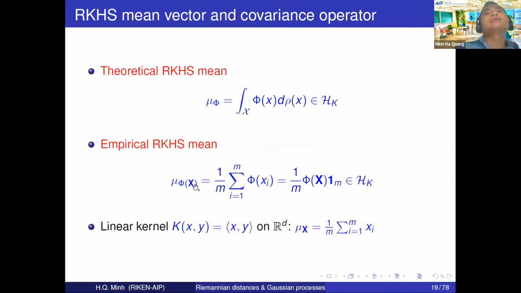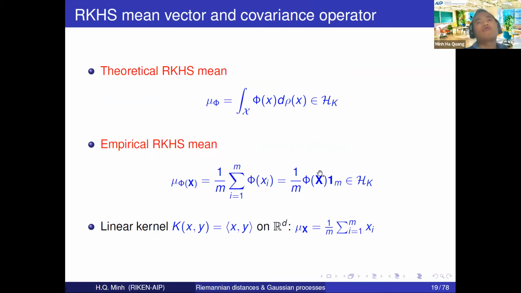And because we assume that the second moment of phi(x) is finite, we can compute the theoretical mean, mu_phi, just the expectation of phi(x) under rho, and the empirical RKHS mean, which is just the average of all the phi(x_i). So it can be written in this form as well.